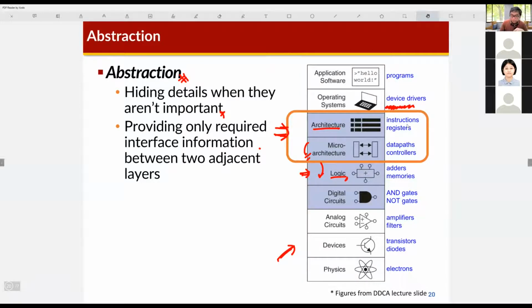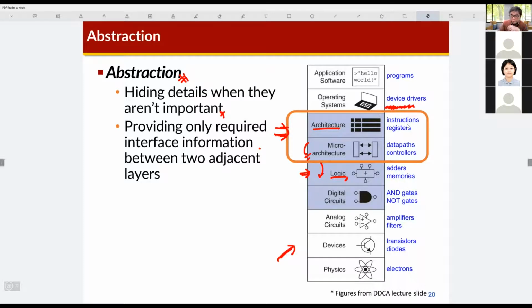So when we talk about computer architecture, the detailed aspects of logic design, such as the AND gate, OR gate, exclusive OR gate, are just ignored, because if we mention logic gates, then the aspect of computer architecture will be very complex and difficult to understand.